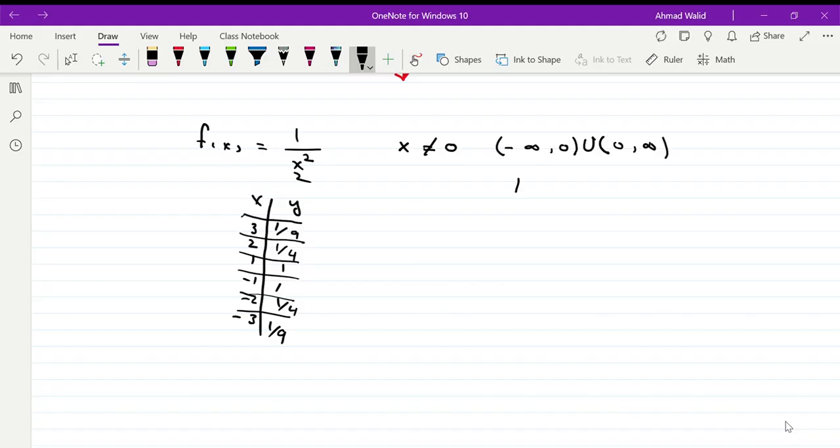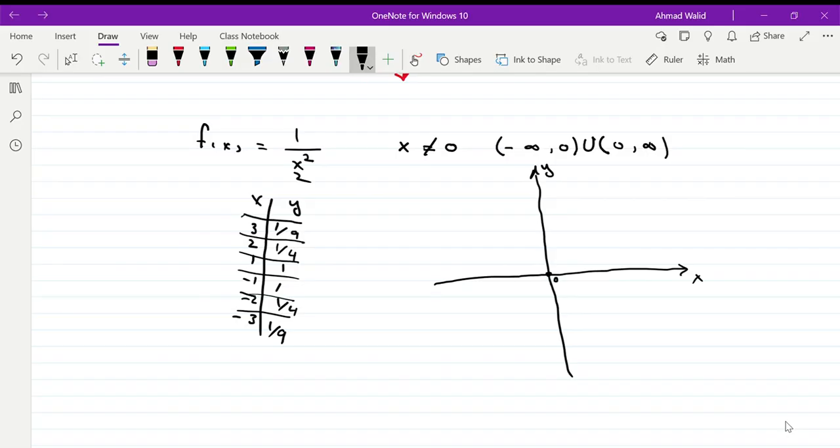And if I graph this function, this is x. This is y. This is 0. Of course, the graph is not touching the y-axis.